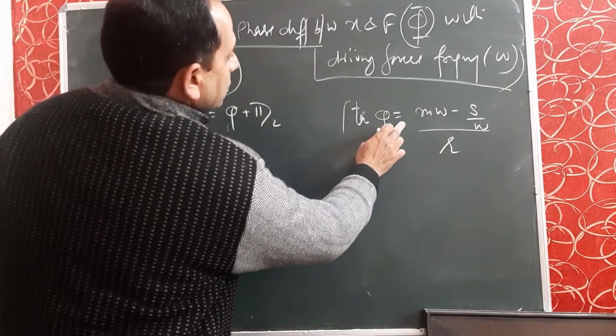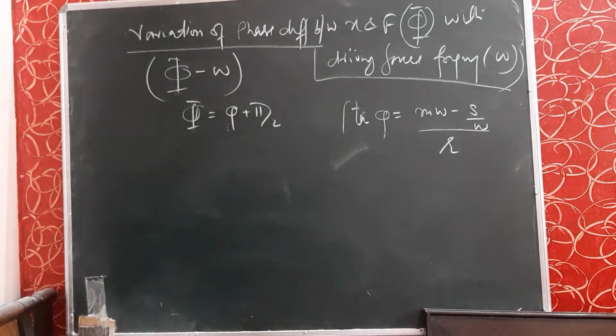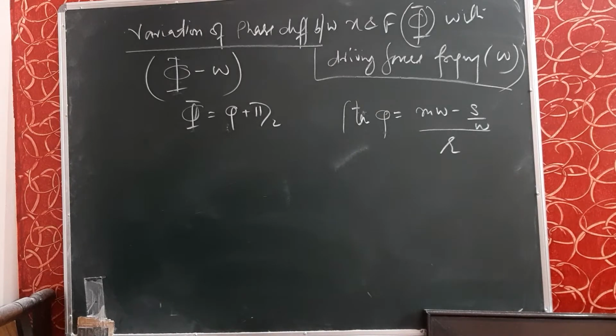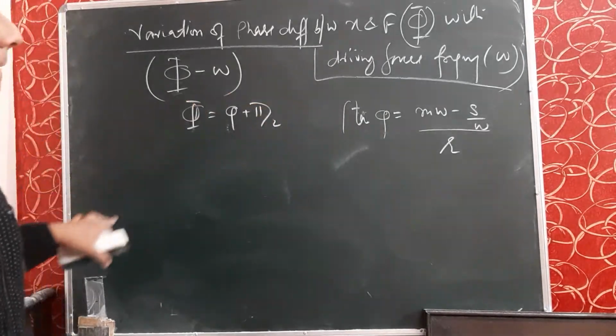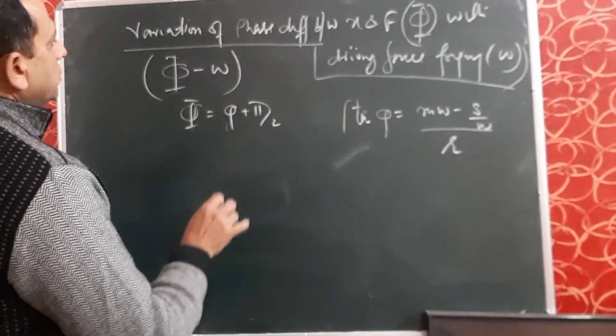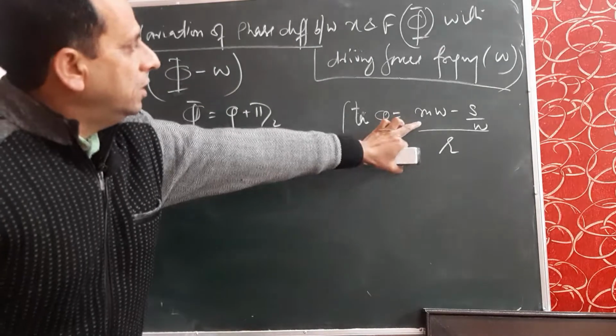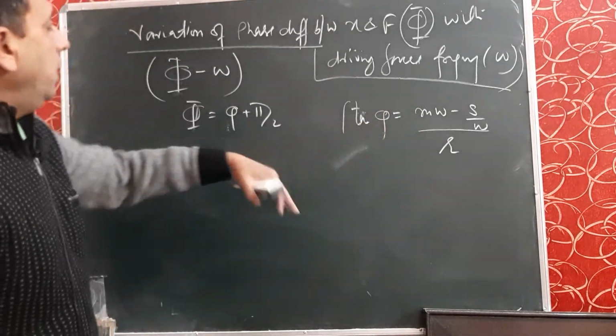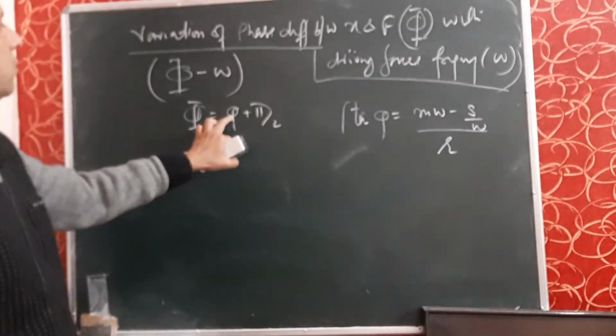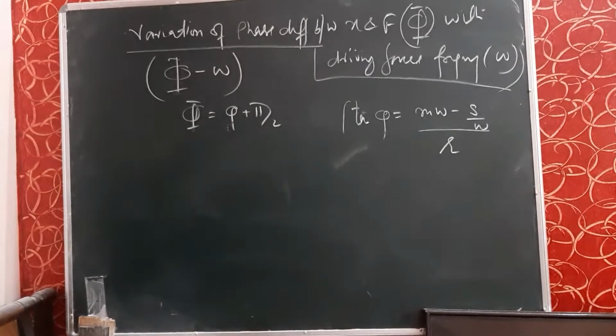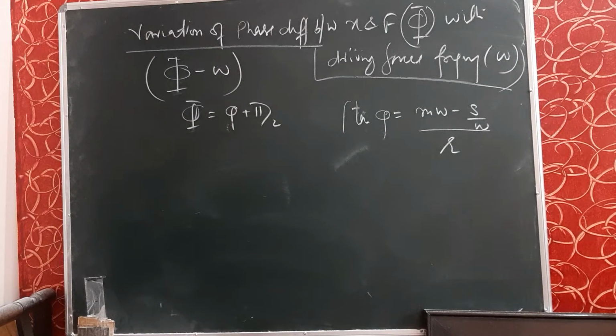So tan phi is equal to m omega minus s by omega over r. We will put the value of omega here and then find the value of small phi, and on putting the value of small phi here we can find the value of capital Phi. So this is the formula by which we can plot a graph.